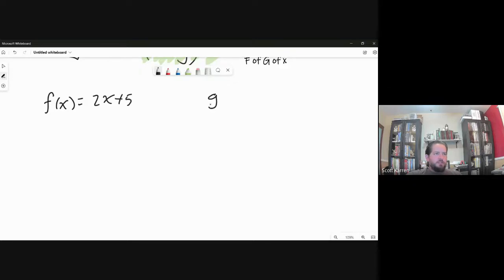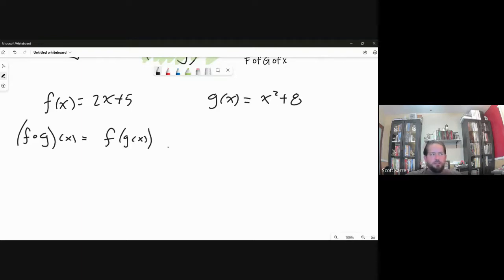And let's say g of x is given to us as, I don't know, x squared plus 8. We can find f composition g of x. And this is the same thing as just taking f, evaluating it at g of x. So you can read it as f of g of x if you like.